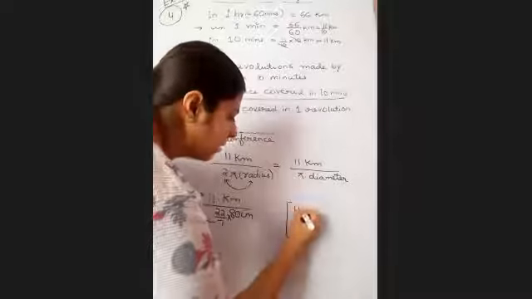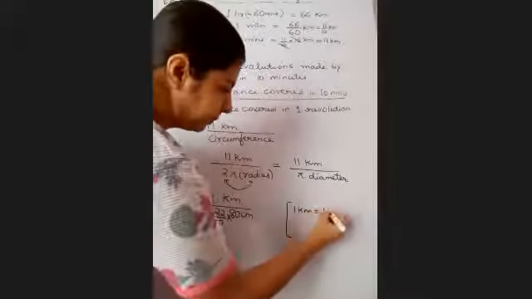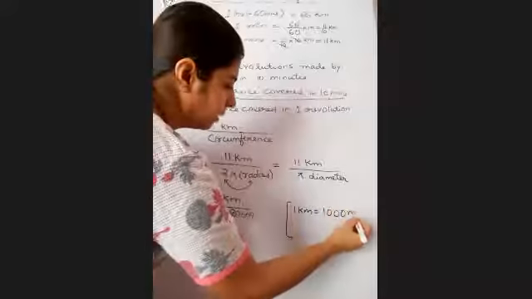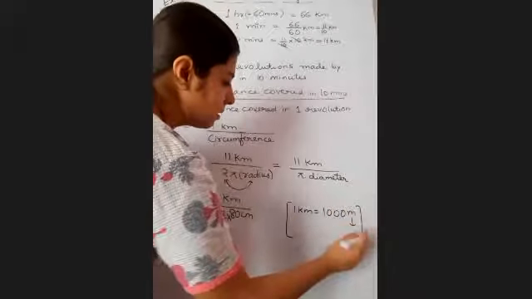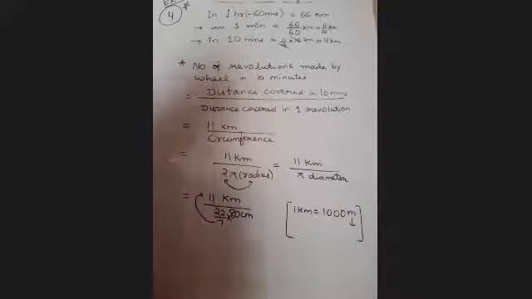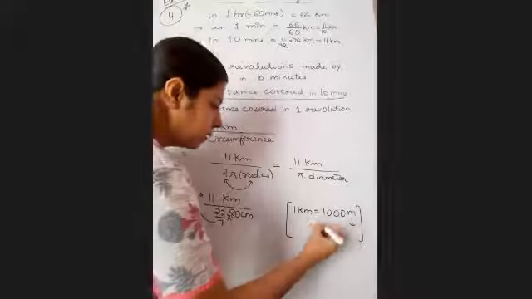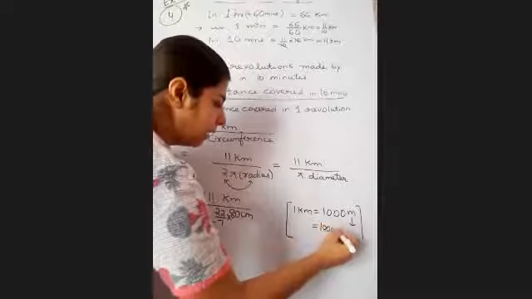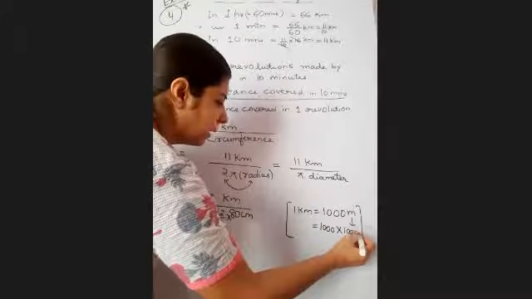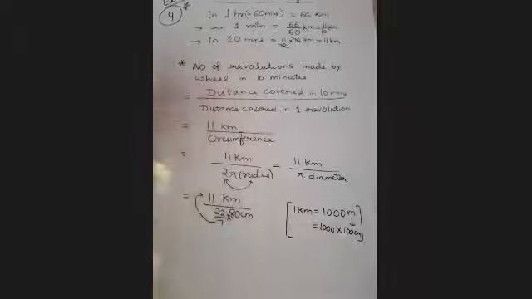Children, 1 kilometer is equal to how many meters? 1000 meters. And 1 meter is equal to how many centimeters? 100 centimeters. 1000 into 100 centimeters. So 1 kilometer is 1 lakh centimeters.